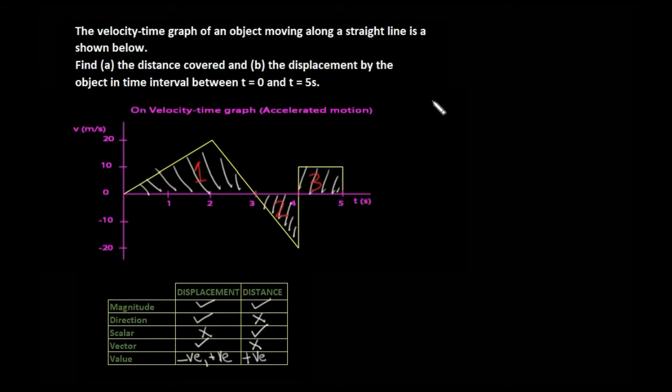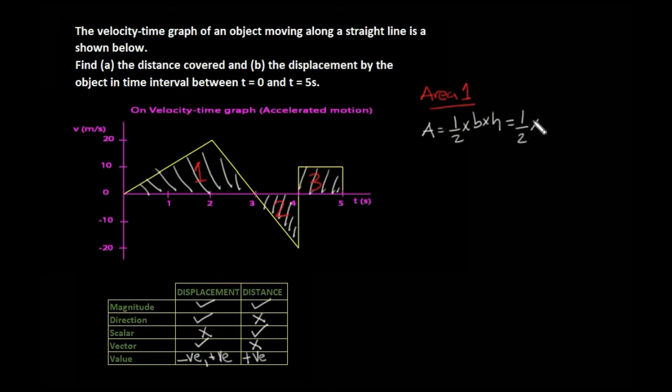If we take area 1, here we got a triangle, and the area of a triangle is equal to half times base times height. Now let us look into this.